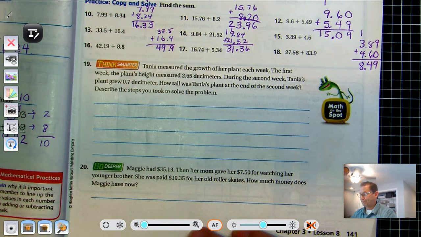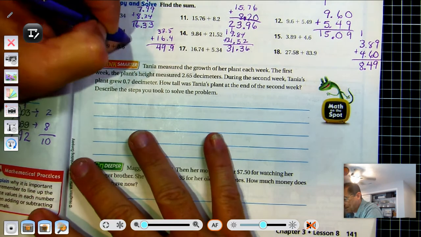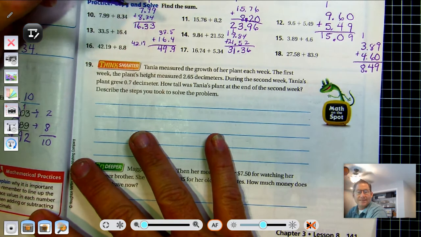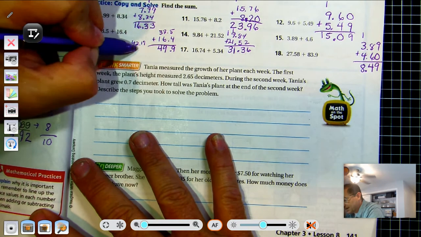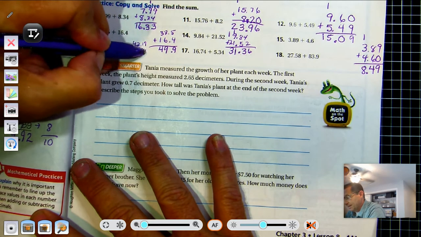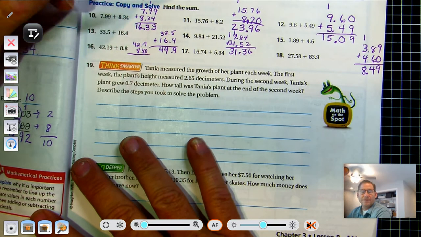Number 16. 42 and 19 hundredths plus 8 and 8 tenths. We add a 0 so that we have both numbers in hundredths.